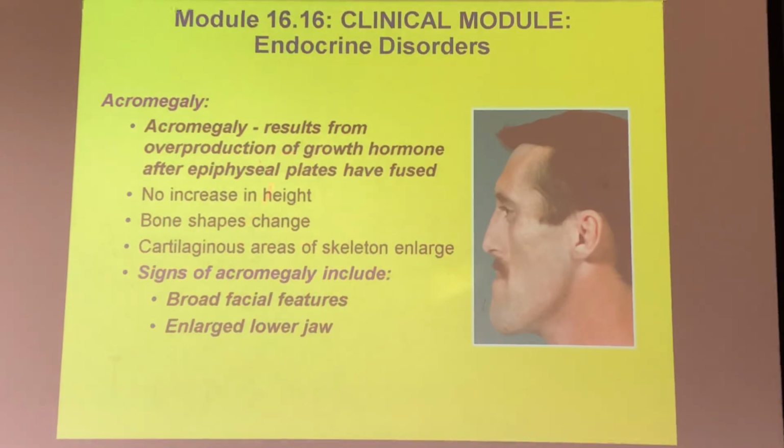But if there is an overproduction after it has fused, then this kind of problem can happen. The signs are broad facial features and an enlarged lower jaw. So you need to know why acromegaly is happening: overproduction of growth hormone.